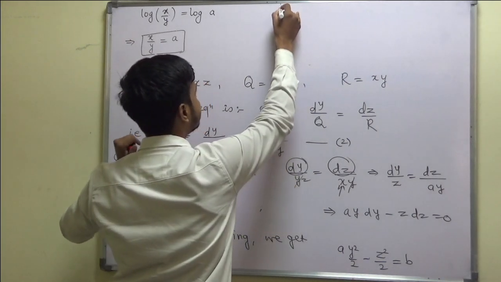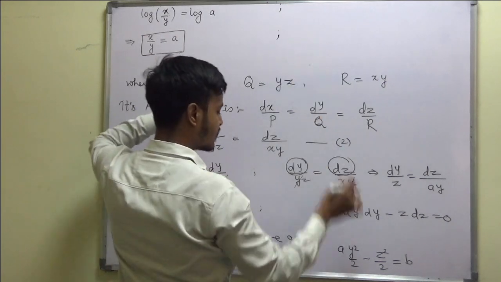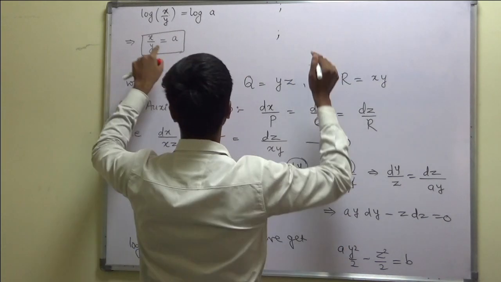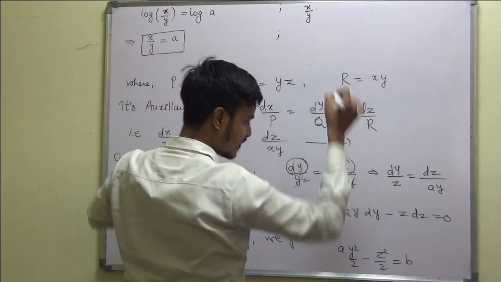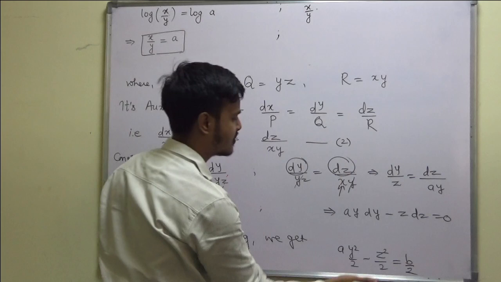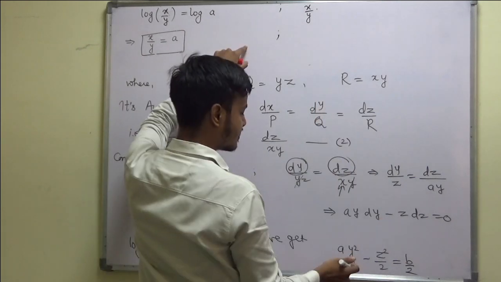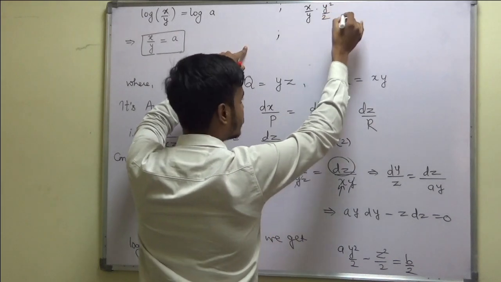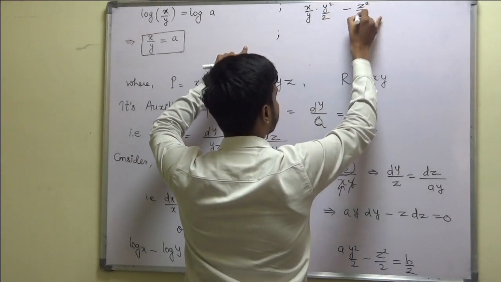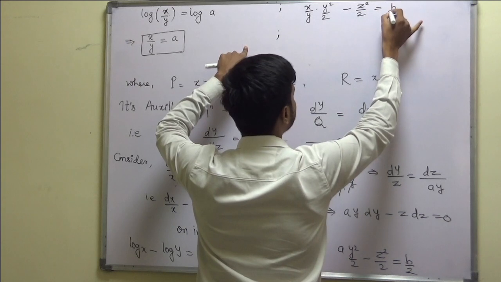So x by y into y square by 2 minus z square by 2 is equal to b by 2.